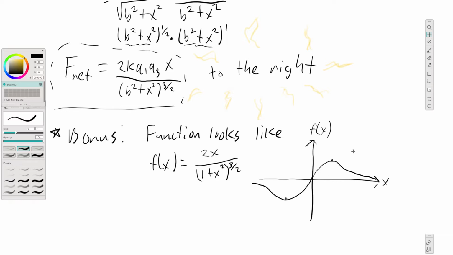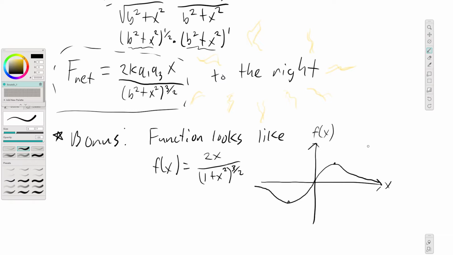If my peak is positive right here, what does that mean? Because this is to the right, positive means that we're pushing right on the charge, and pushing left for the negative.